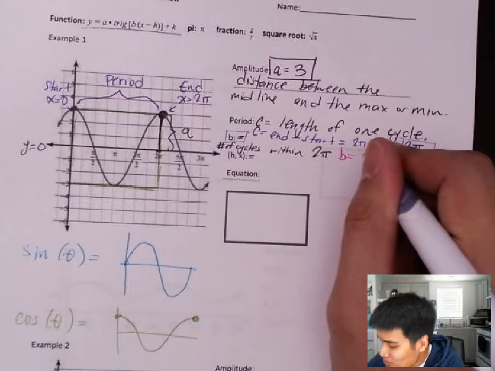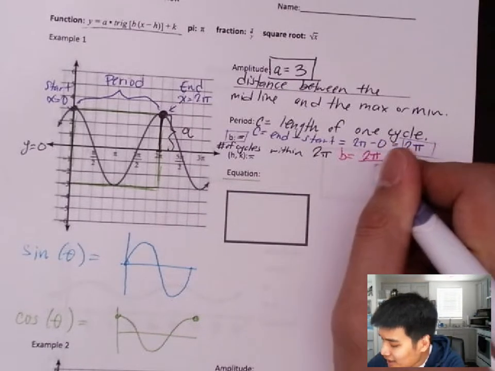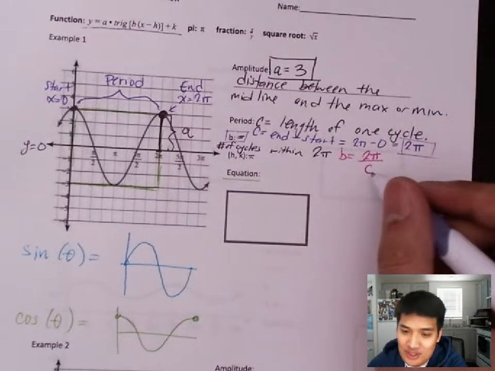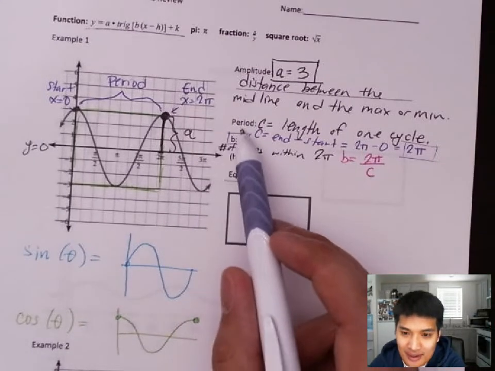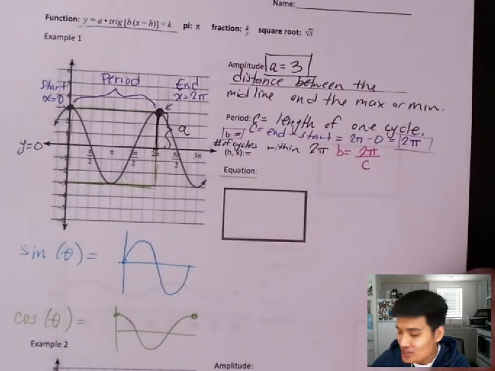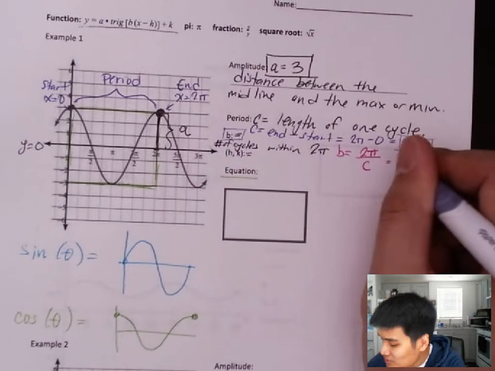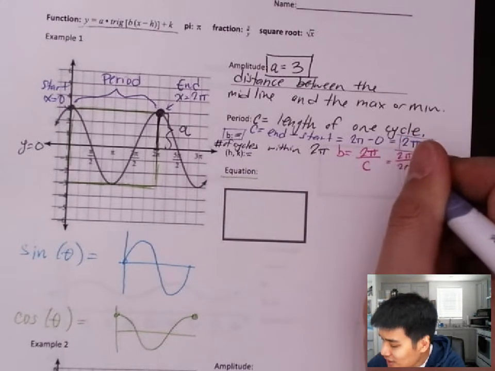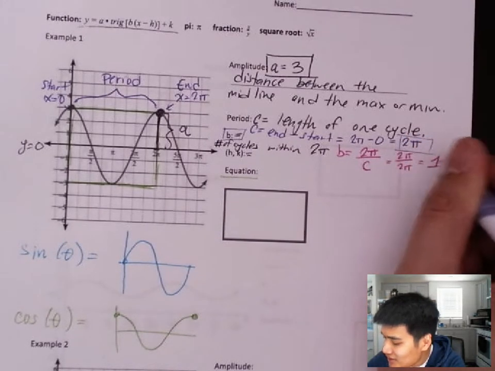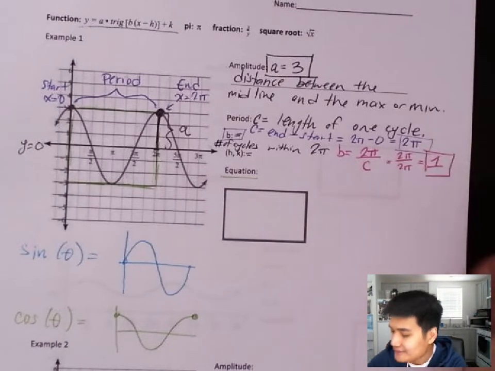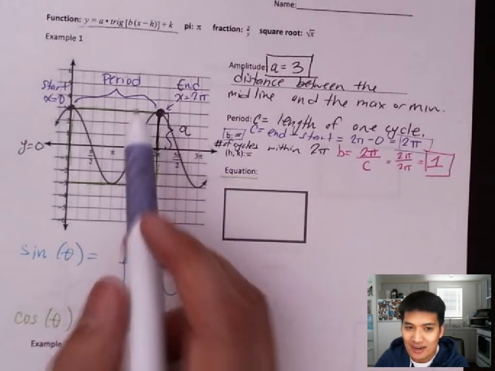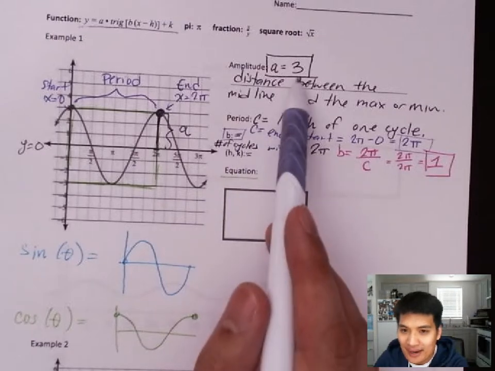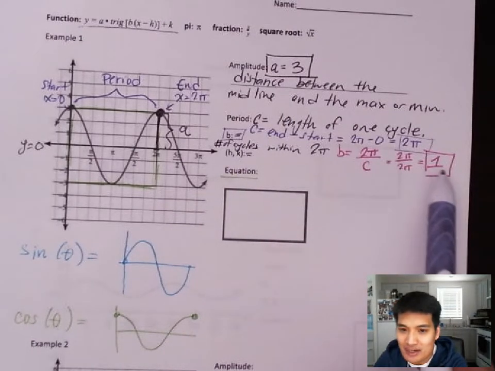It's going to be 2 pi divided by our c, which, remember, is the period length here. So if our c is 2 pi, all I need to do is 2 pi divided by 2 pi, which ends up giving us a giant 1 here. Okay, so here we have two parameters already. We have a, and we also have our b value.